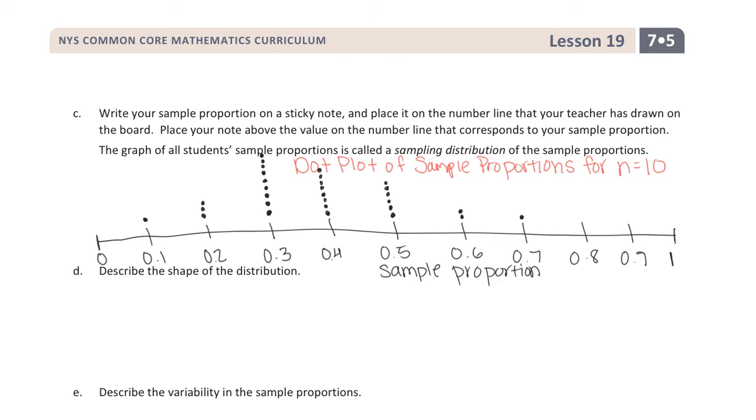Now that we have put our sample proportions on our dot plot, we're going to describe the shape of the distribution. What do we notice about the shape of the distribution here? I noticed that it has a nearly symmetrical distribution and that it is clustered around 4/10.